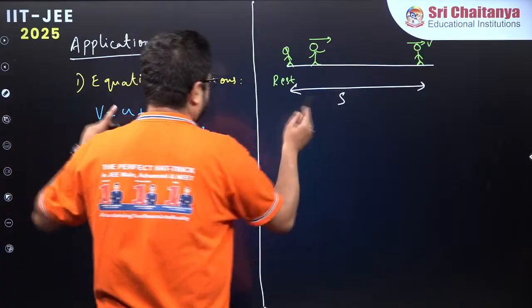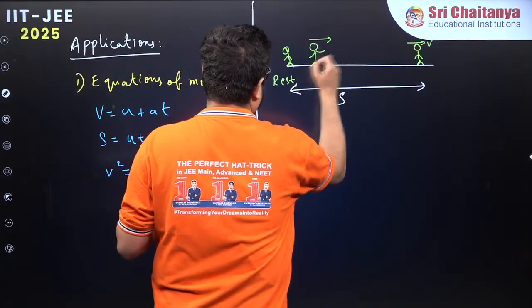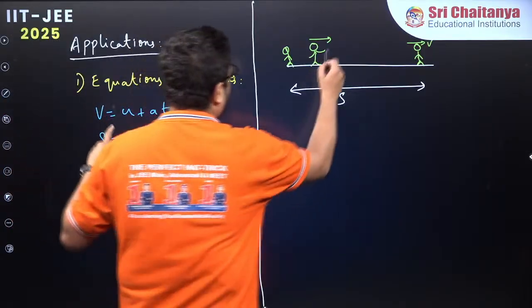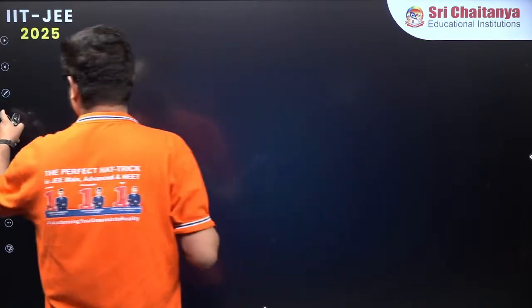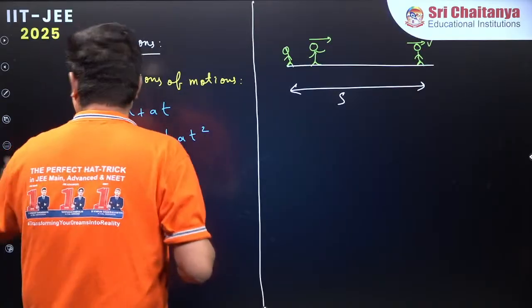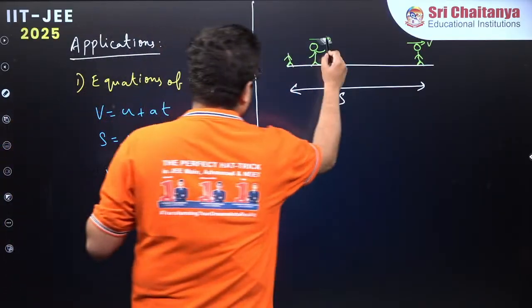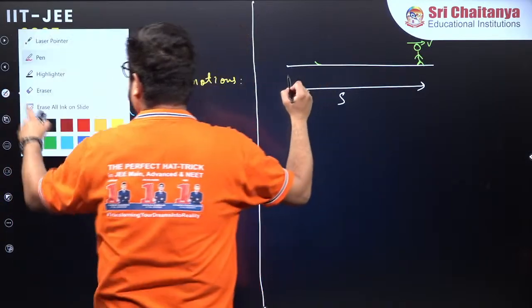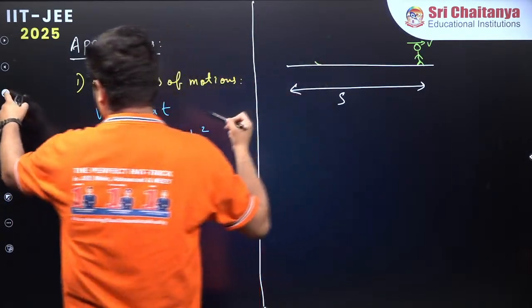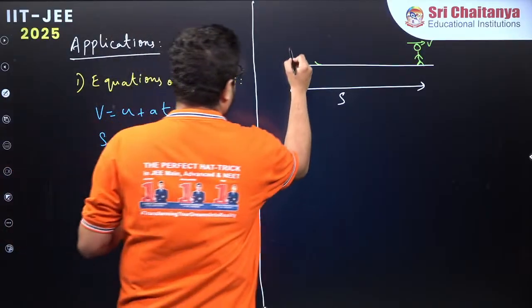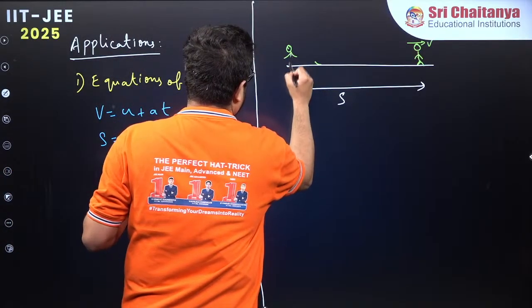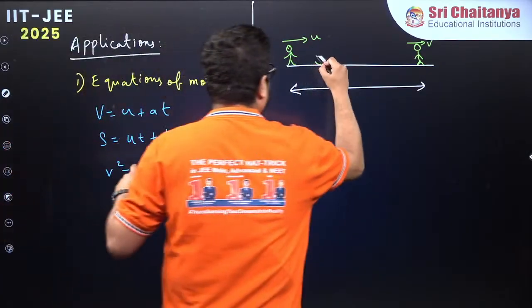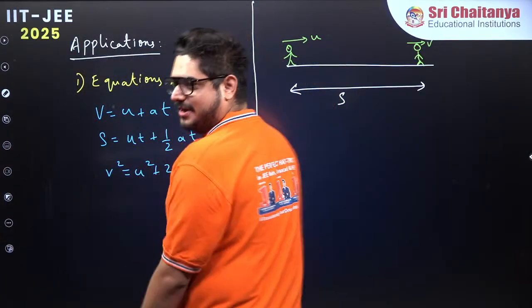I have to choose some value, so the boy already starts running with some velocity of u, because if he starts from rest I won't get the exact equation. So he already starts running in the forward direction with some velocity u. I hope the diagram is clear to everyone.